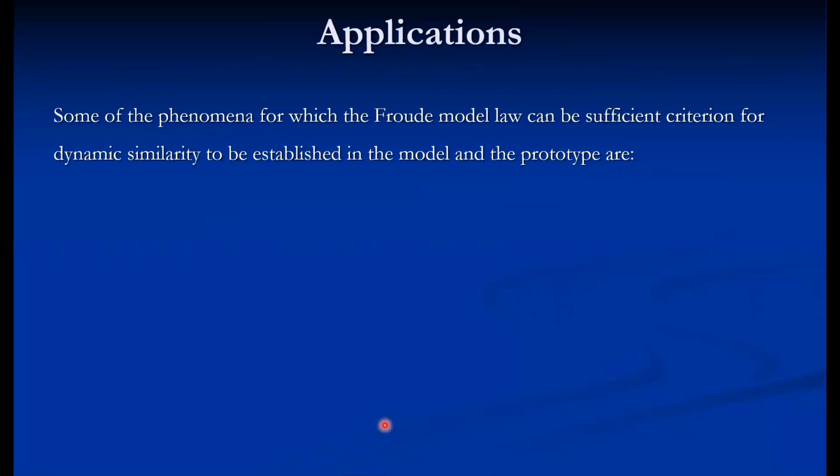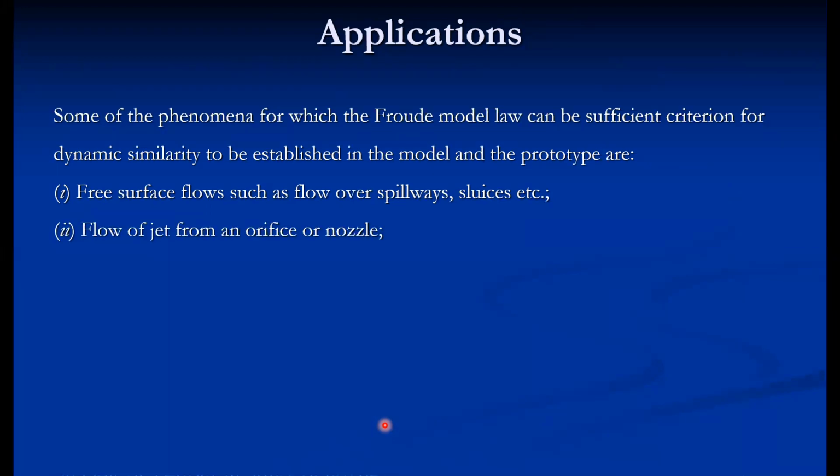Some of the phenomena for which the Froude model law is a sufficient criterion for dynamic similarity to be established between model and prototype are free surface flows, such as flow over a spillway or sluice gate, where the flow occurs naturally. Then the flow of a jet coming out from an orifice or nozzle and falling down, in which case the gravity force is important.